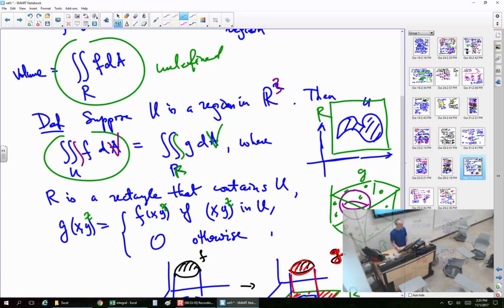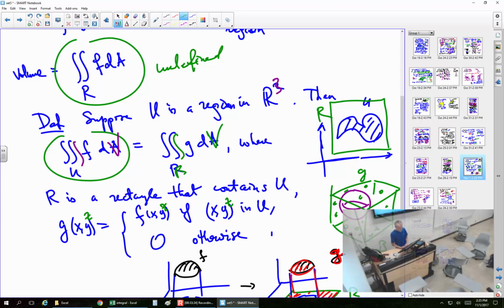Which means that now at this point we have a chance at least to handle a region of integration of any shape, hypothetically any shape, in any dimension, except we cannot visualize anything beyond dimension 3.